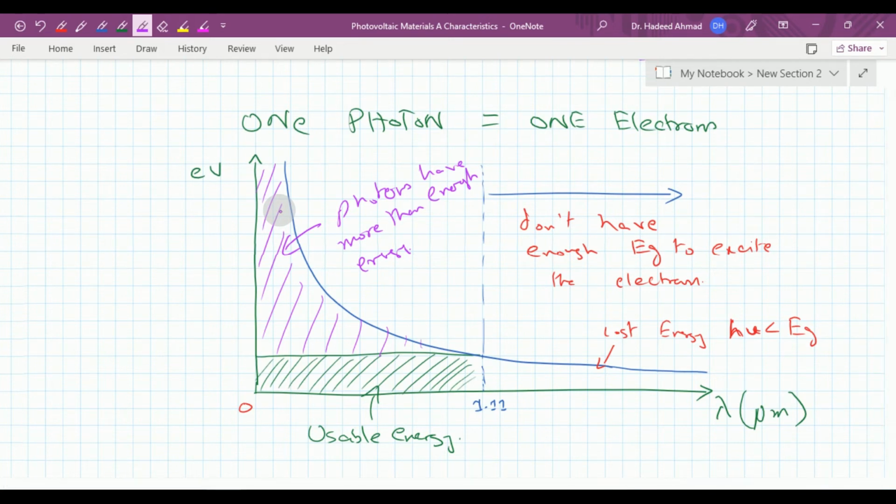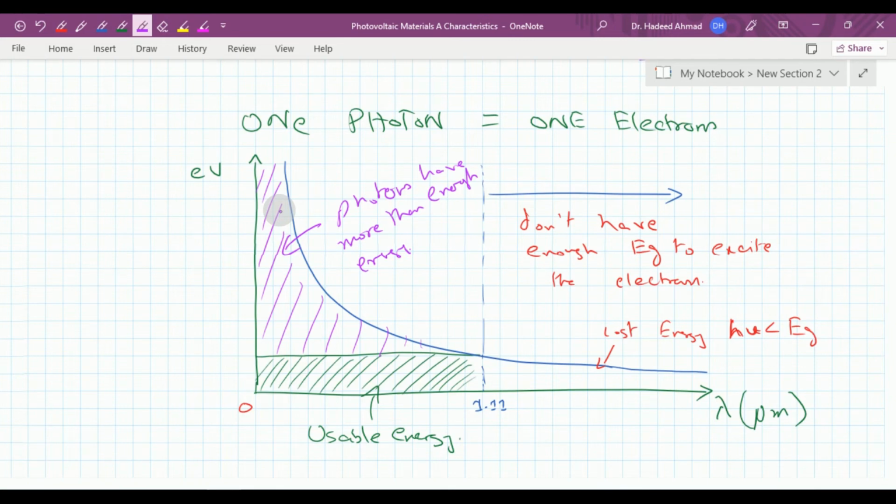So in a nutshell, the photons with wavelengths above 1.1 micrometer do not have sufficient energy to excite an electron, and therefore whatever is available is just lost, not harnessed.